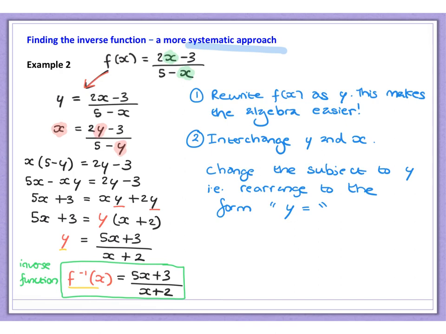Step 3, we change the subject to y, i.e. we rearrange so that we have the format y equals. And then our final step is to rewrite y as f minus 1 of x, and we can see that step over here.